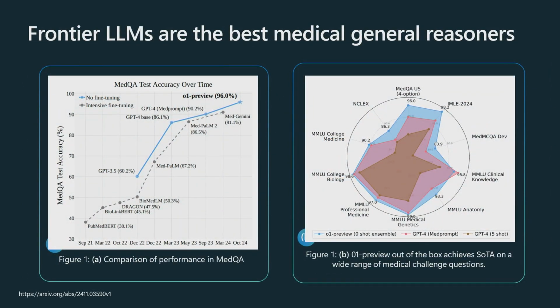If you look at the big models and their capabilities, as we talked about, they're getting bigger, better, faster. A recent model scores 96% on the USMLE, the medical licensing examinations.